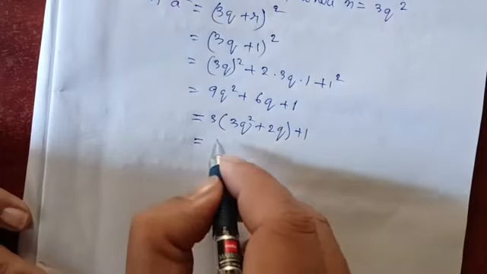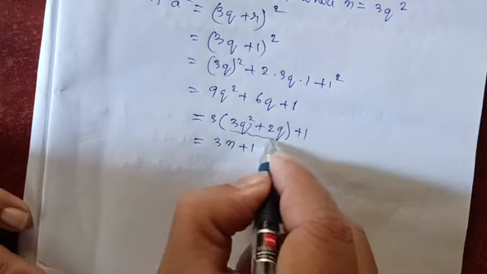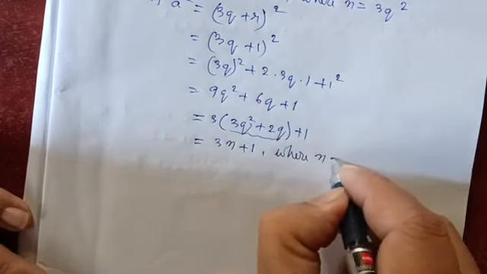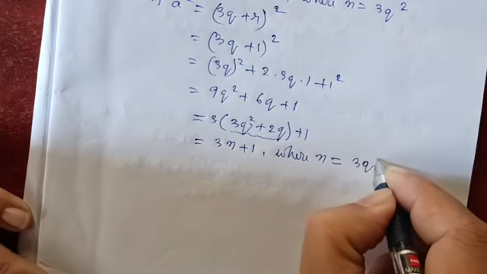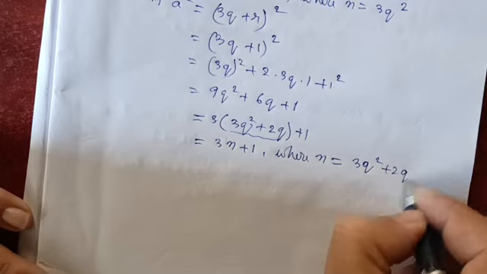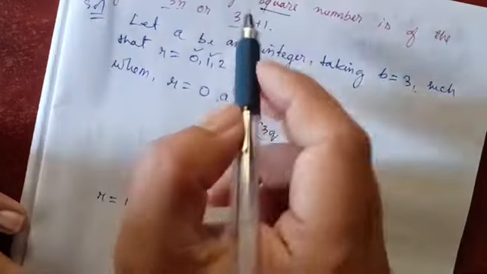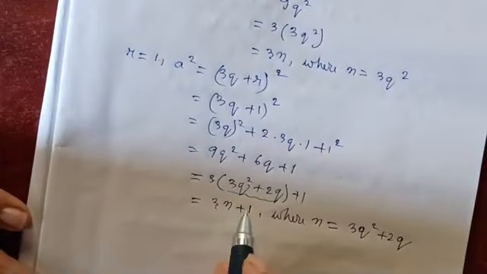The number inside the bracket we replace with n, where n equal to 3q square plus 2q. So we get thrice n plus 1, which is what the question says.